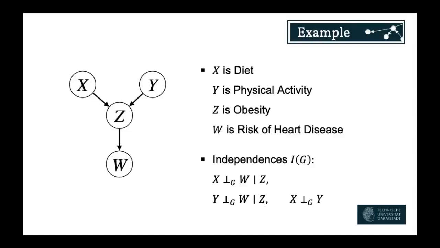So, you know, if I know Z, then Z contains all the information about X. So I don't need it anymore to predict W. So they are d-separated. Y, the same for W, right? It's the same structure as you see, right? And again, it's a structural property, not a parameterization property. And here X is d-separated from Y just generally, right? Because this is a collider.